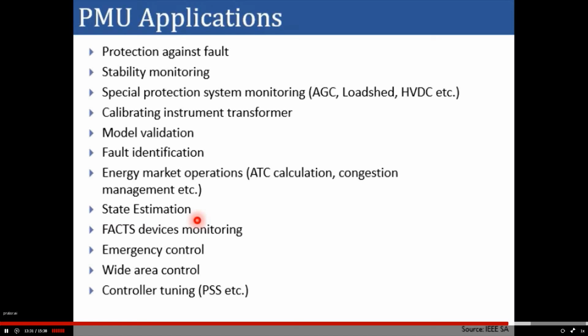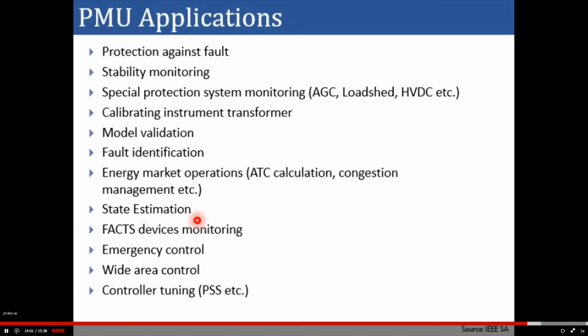If we have PMUs connected at all the buses, the state estimation becomes linear state estimation, and the process becomes very fast, and this makes sure that the state estimation completes before the arrival of the next PMU data set.